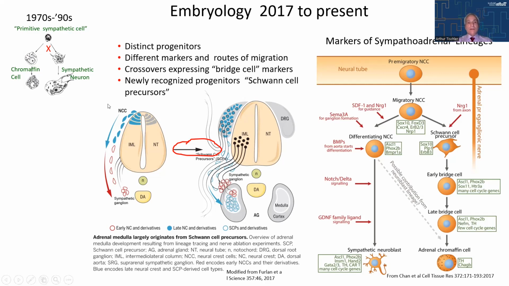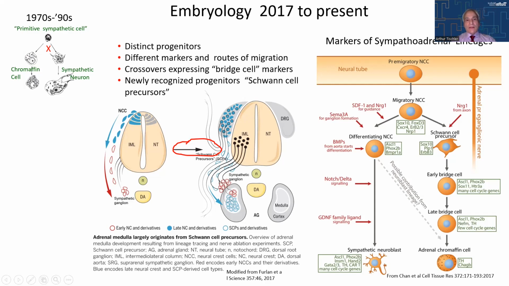As described in these illustrations from the Furlan paper, there is indeed a population of neural crest cells that delaminates directly from the neural crest and makes a beeline for the sympathetic ganglia. However, a perhaps much larger population remains in situ in the vicinity of the developing sensory ganglia.